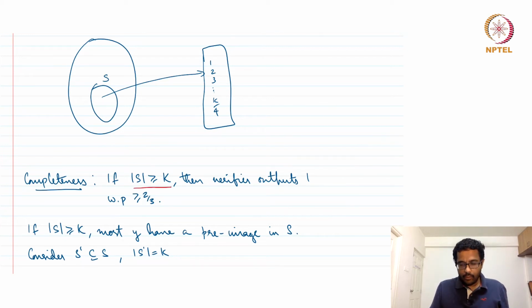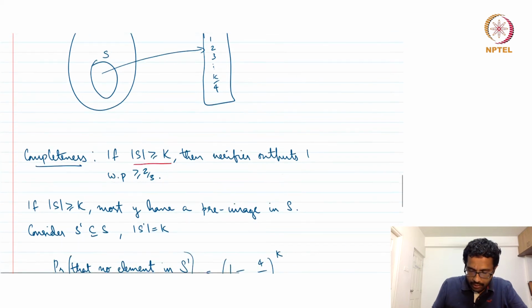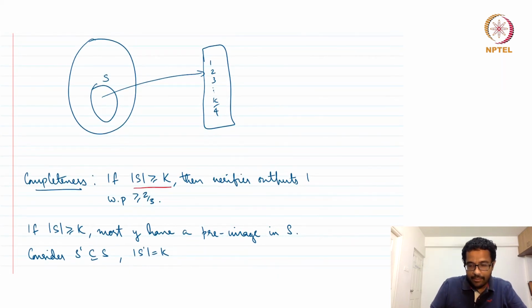Then what is the probability that the verifier will be convinced? If S is of size k, then the point is that most y will have a pre-image in S, because S is of size k. So you map each element of S into, let me call this set T. Okay, so T is equal to 1, 2, 3 up to k by 4.